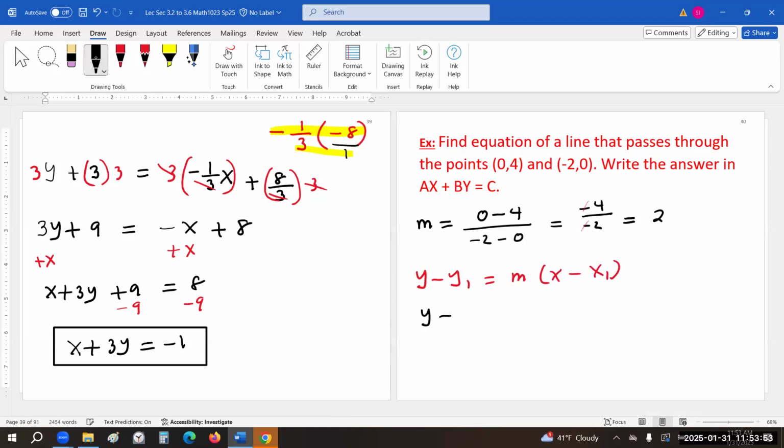So y minus what? Y minus 4, okay. Equals? What's the slope? 2. We found the slope in our first step. And then x minus?